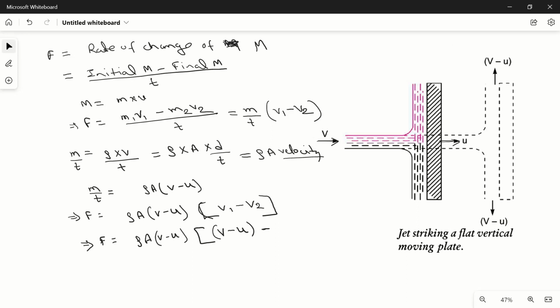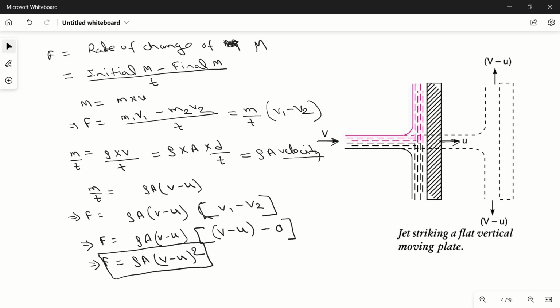The relative final velocity will be 0 because this jet and this plate will be moving together with the velocity u. So the relative velocity will be 0. So force will be rho a (v minus u) whole squared. This is the force in the horizontal direction, because in the vertical direction the force will be 0.